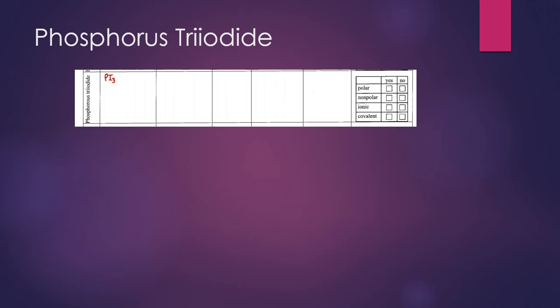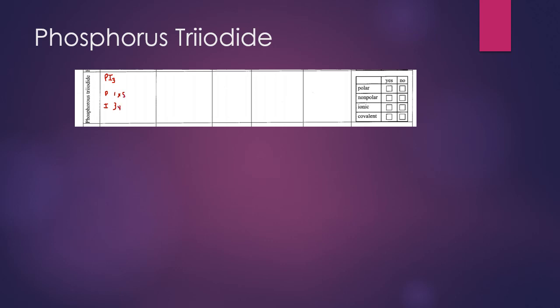Next, we want to count the number of valence electrons. So we have phosphorus and then iodine. We have 1 phosphorus atom and 3 iodine atoms. Looking at the periodic table, phosphorus is in group 15, so it's going to donate 5 electrons to the cause.